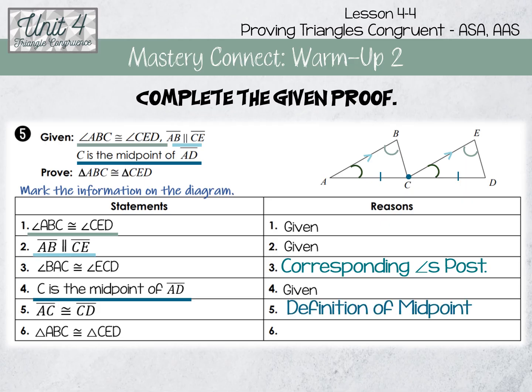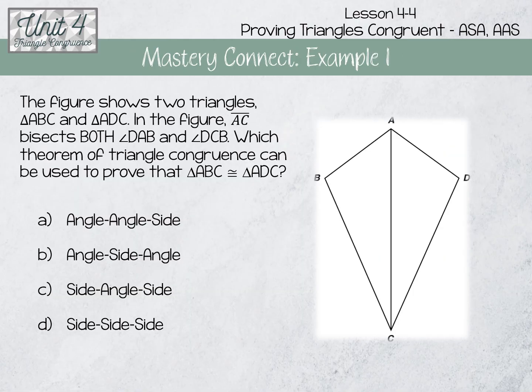And if you look at the picture, we have two pairs of angles, one pair of sides. Sides are not between the angles and their corresponding parts. So angle, angle, side, congruence theorem. Mastery Connect example. The figure shows two triangles. Triangle ABC, the left side, and triangle ADC, the right side.